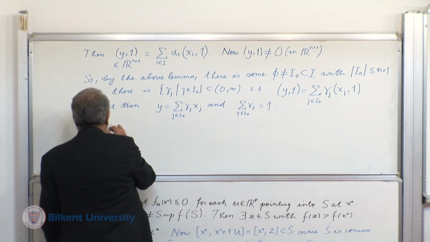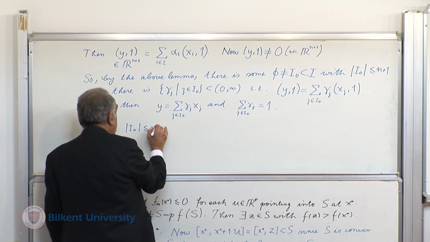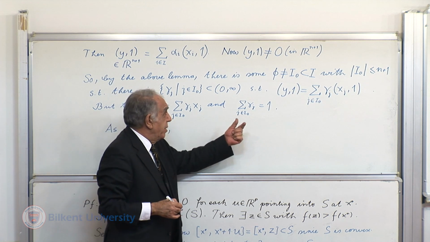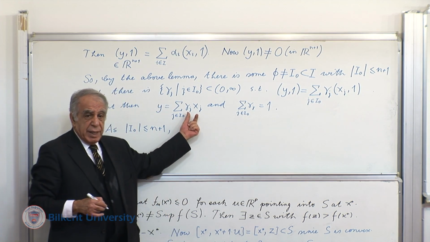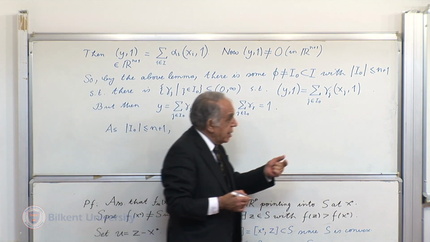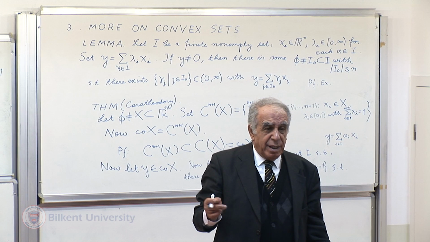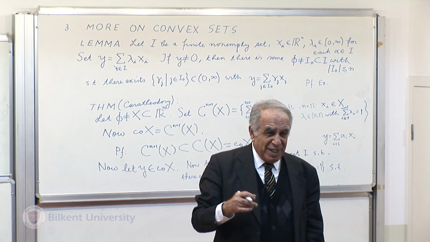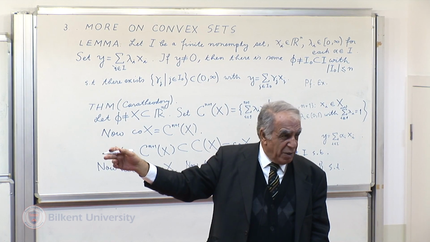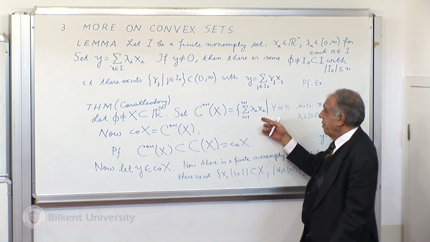Does it belong to C_{n+1}? Well, as the cardinality of I_0 is less than or equal to n+1, the number of members in here might be strictly less than n+1. Will it still belong to C_{n+1}(x)? Yes, we can add sufficiently many zeros, 0 times, say, one of the x_j's. So that will then be actually a combination of this form.